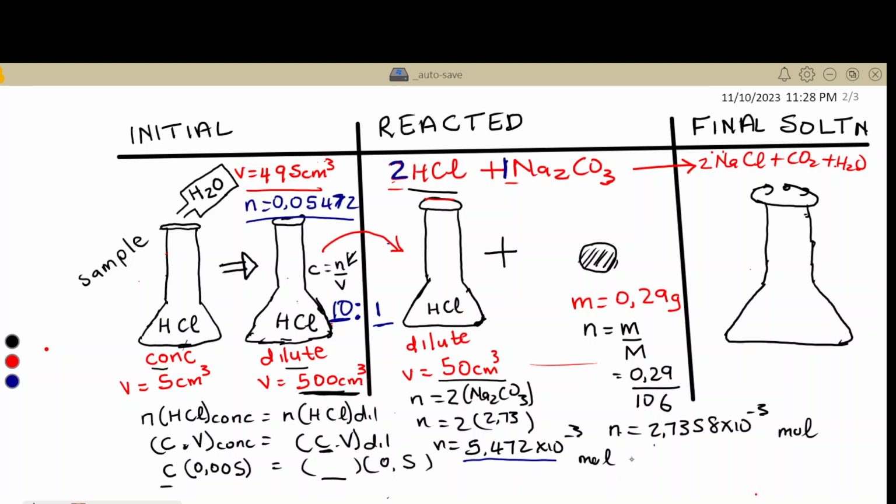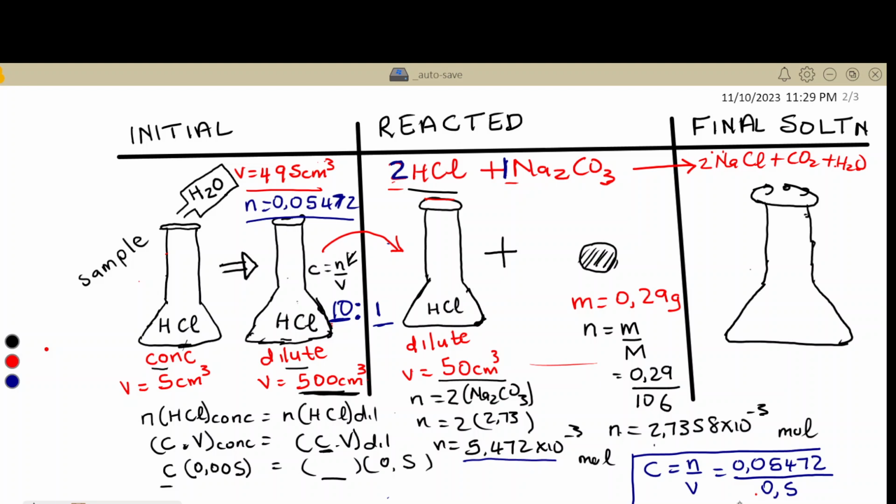Now let me get the concentration of this 500 cm cubed container. So the concentration is n over V. So the n is 0.05472, divided by the volume of the dilute HCl, which is 500 cm cubed, so it's 0.5 dm cubed.